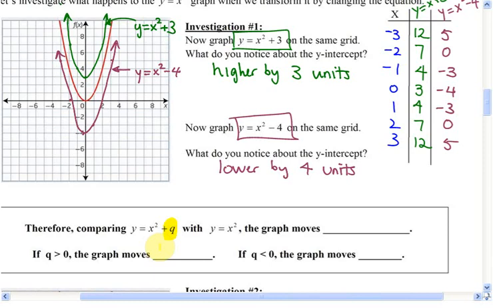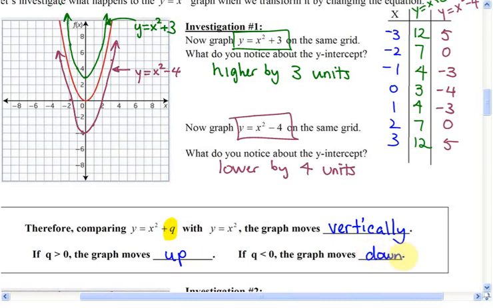And in general, what do we use to describe things that go up and down? Vertically, yes. The graph moves vertically. And if q is bigger than 0, so if the answer was positive, the graph moves which way? Up, good. So the graph moves up. Whereas if q is less than 0, the graph moves down.